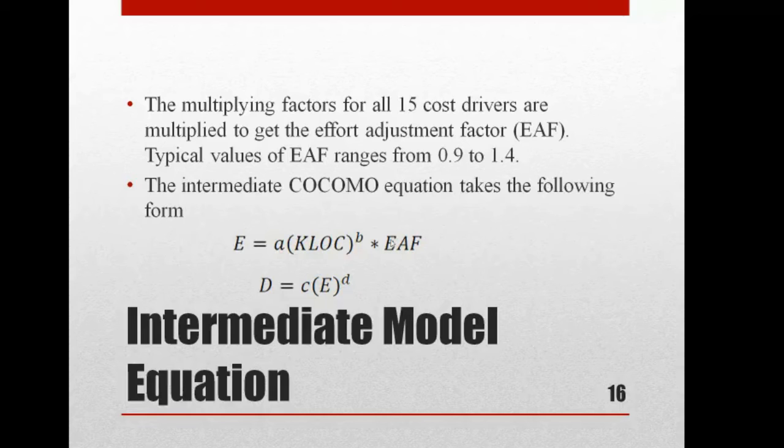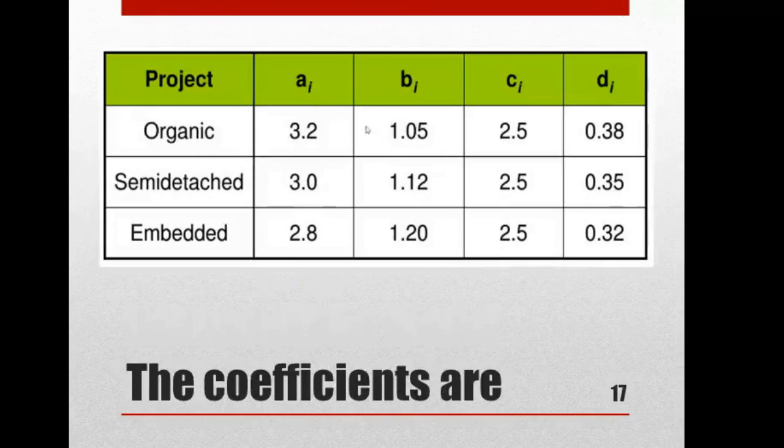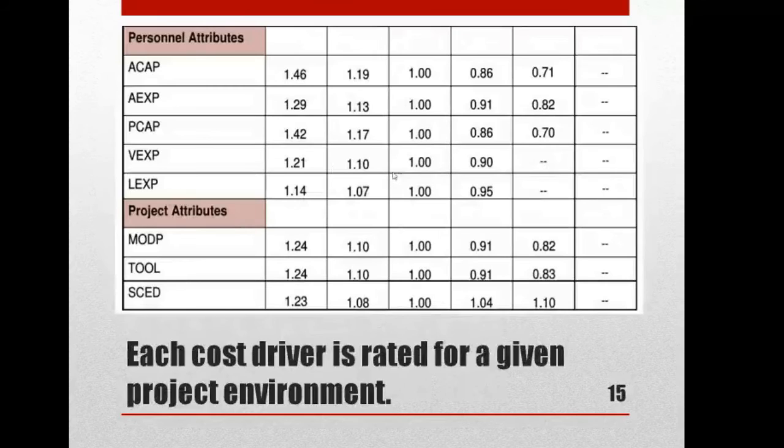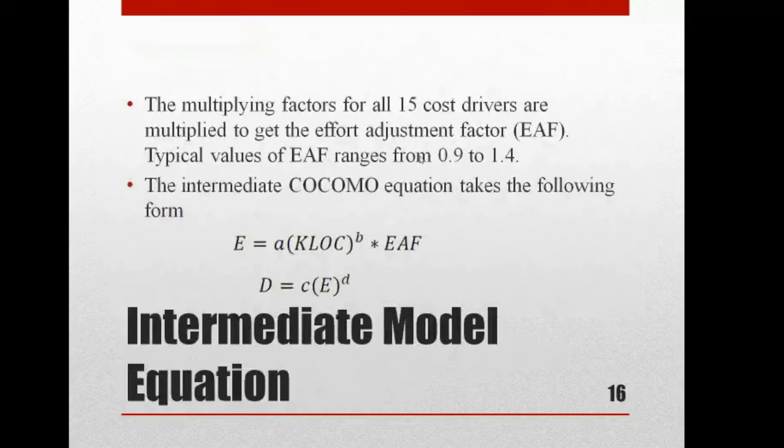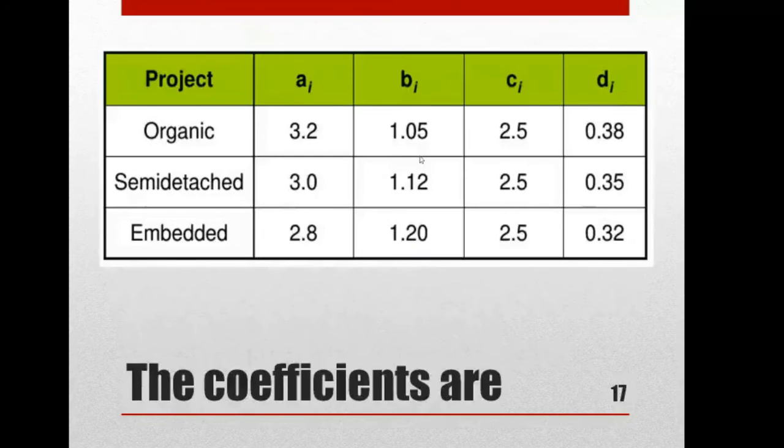This is the only change in the intermediate model equation. Another change is your values for project mode: organic, semi-detached, and embedded. Slight changes are there, and some values are also new, right? This is the difference between the basic and intermediate model.